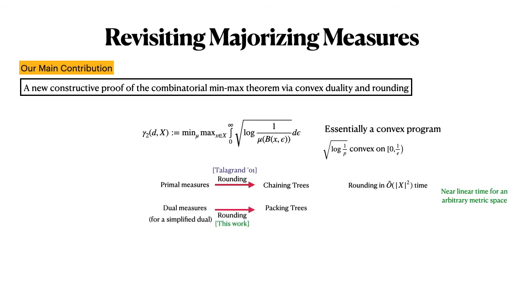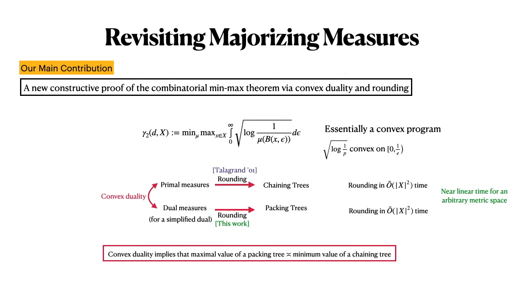Now we show that any dual measure for a simplified dual can be rounded to a packing tree, again very fast in nearly linear time. And just as a consequence of convex duality, we get that the maximum value of a packing tree and the minimum value of a chaining tree are equal up to constant factors.